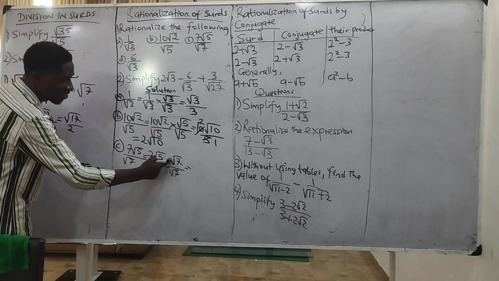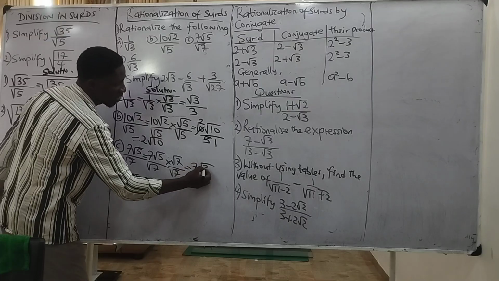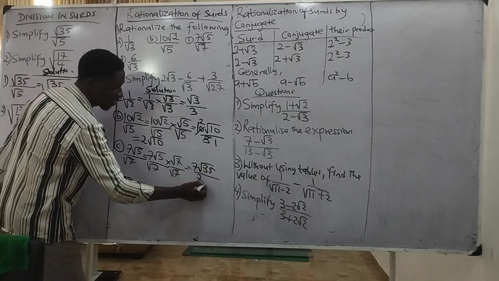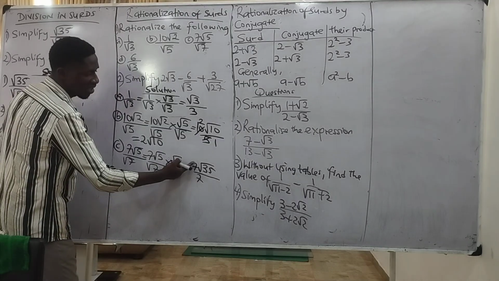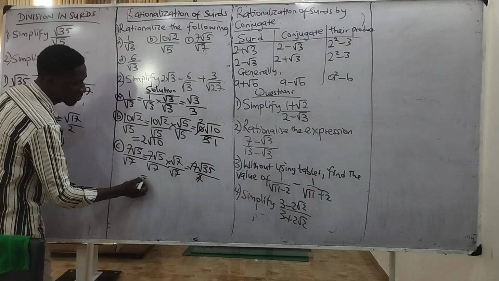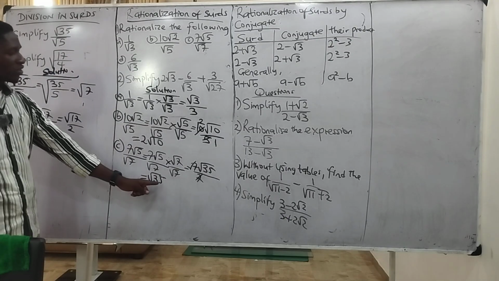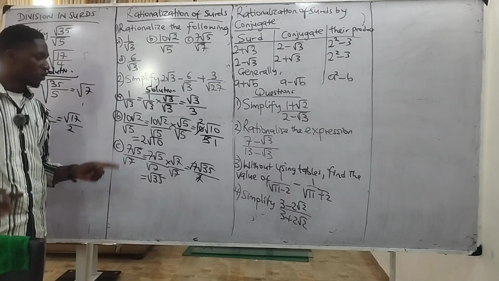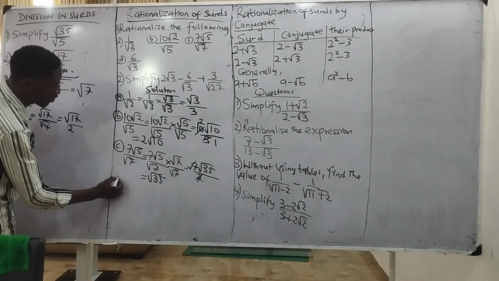So 7 times the invisible 1 is 7, root 5 times root 7 is root 35, all over 7 times root 7 times root 7, which is 7 because they have the same number inside the root. 7 is here, so it will cancel out. So our answer is root 35. If there is a perfect square inside here, it means you have to simplify further, but we don't have any perfect square in 35. So we go to D.